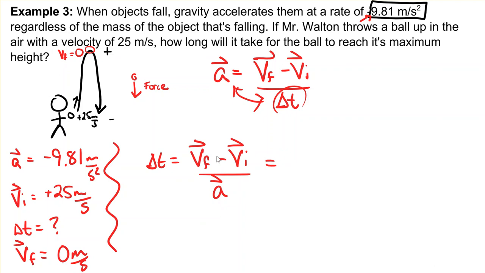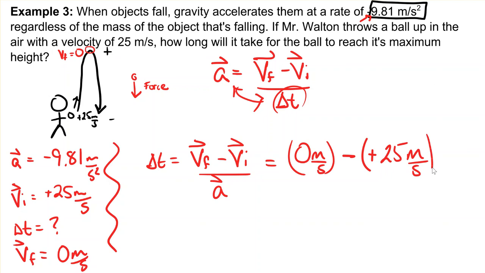Vf, what's Vf going to be? 0 meters per second minus, not negative, positive, what was the initial velocity? 25 meters per second divided by, and the rate of acceleration is negative 9.81 meters per second squared.